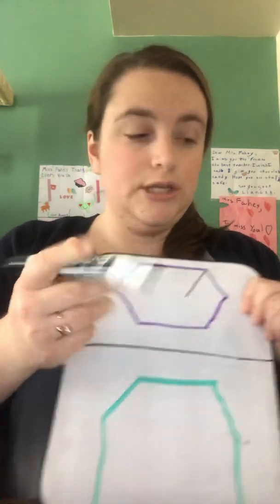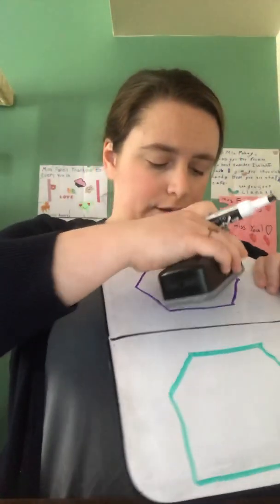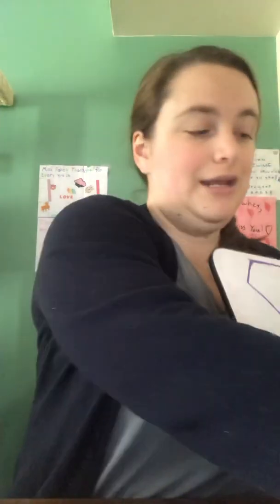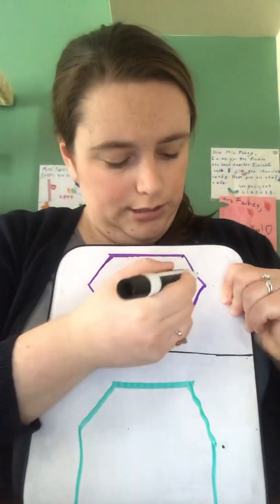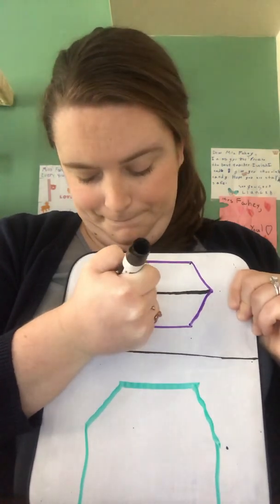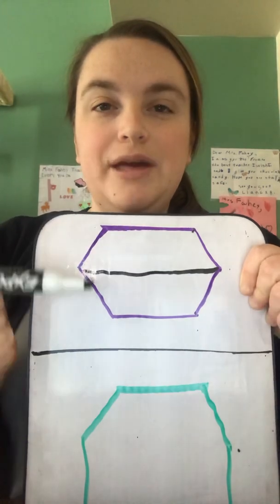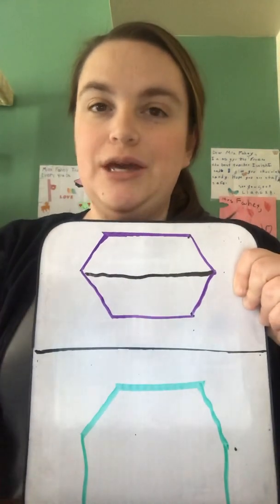Remember, sometimes it actually helps us first if we cut the shape in half. So we can even do that first if that helps you. Cut your hexagon in half. Now we have 2 trapezoids. Now let's make a triangle.